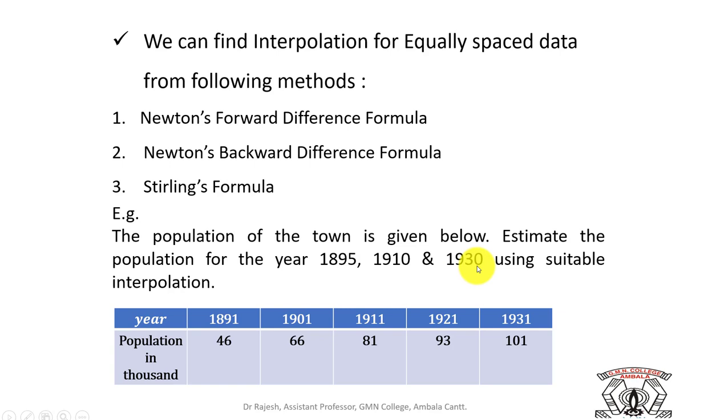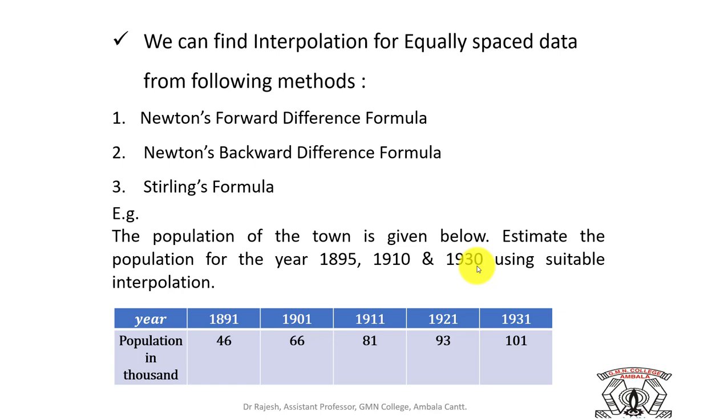So we will use these three formulae: Newton's forward difference formula, Newton's backward difference formula, and Stirling's formula. These are important from the examination point of view, and I hardly remember any chance that these formulae do not appear in the examination.